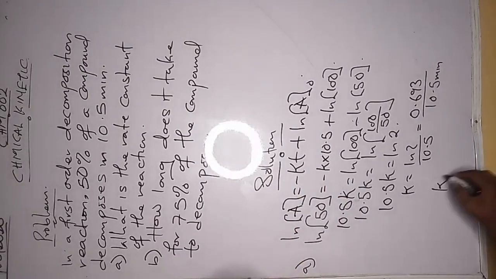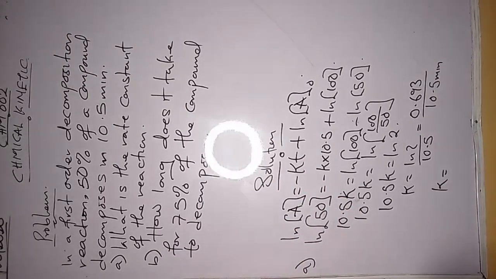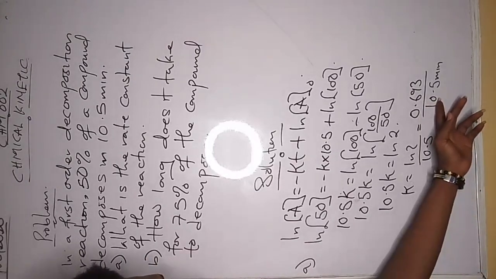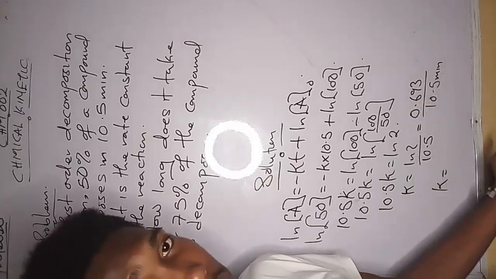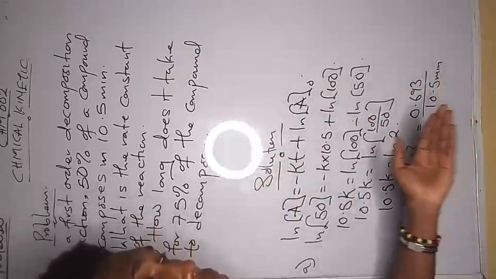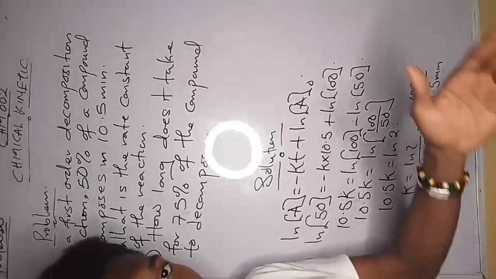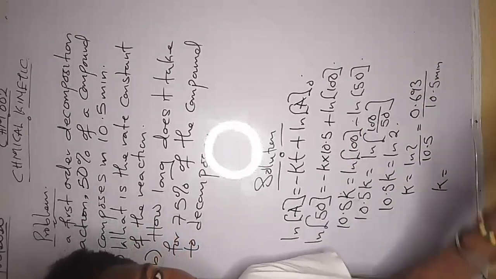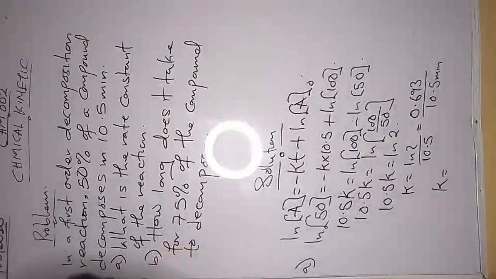So what's our k? You can decide to convert the minutes here to seconds by multiplying by 60. Then your answer will be in liters per mole per second. But now that we're using minutes, you say liters per mole per minute. You understand?